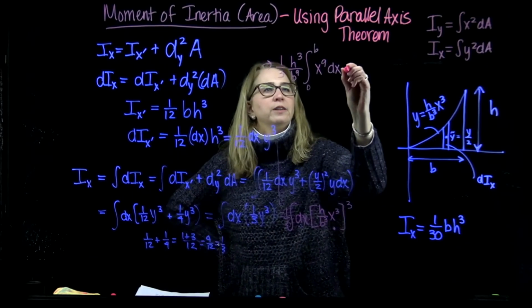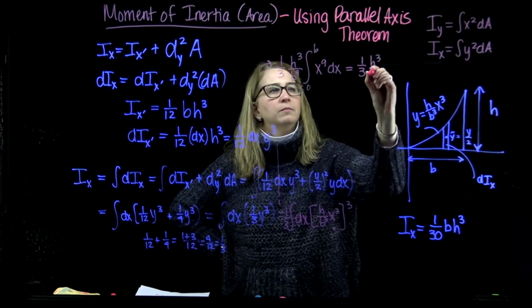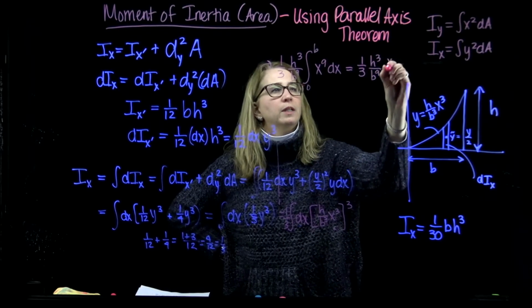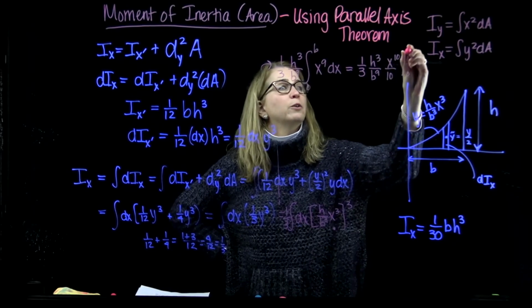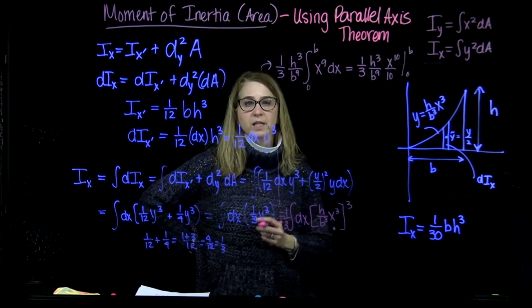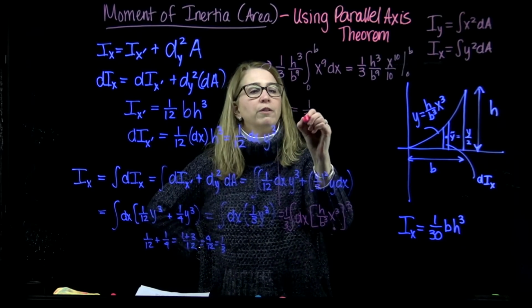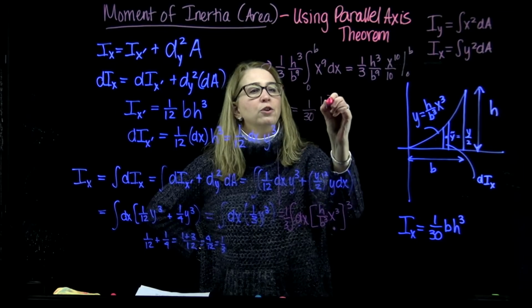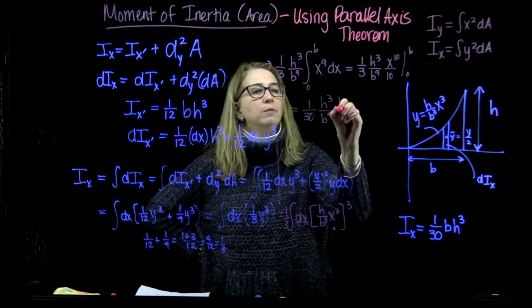And when I integrate that, I'm going to get x to the 10 over 10, evaluated from 0 to b. And that's going to give me 1 over 30 h cubed over b to the 9th times b to the 10th.